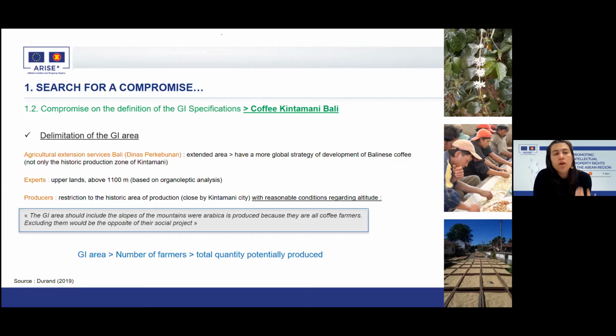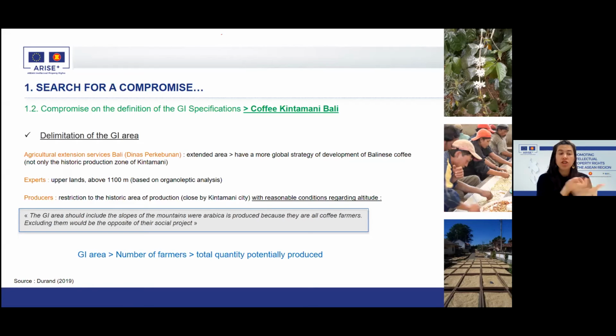The coffee experts recommended to restrict the area to the upper lands, so above 1,100 meters. It was based on a very serious organoleptic analysis. And the producers wanted a restriction to the historic area of production, so close by Kintamani city, but also with reasonable conditions regarding the altitude.